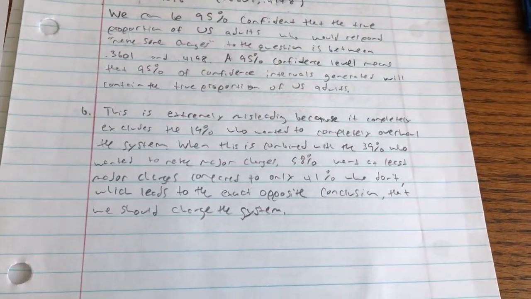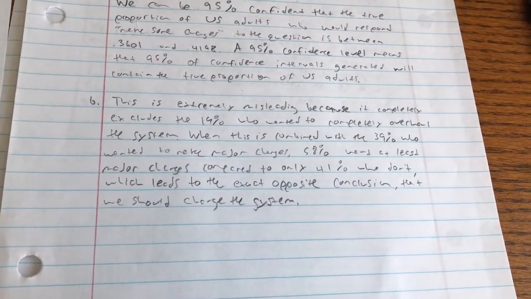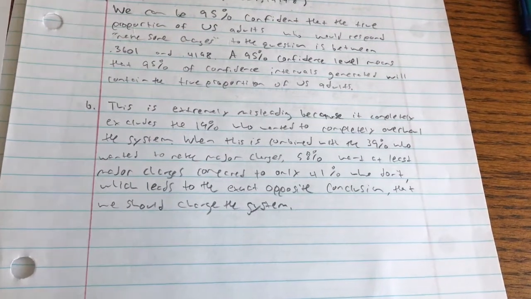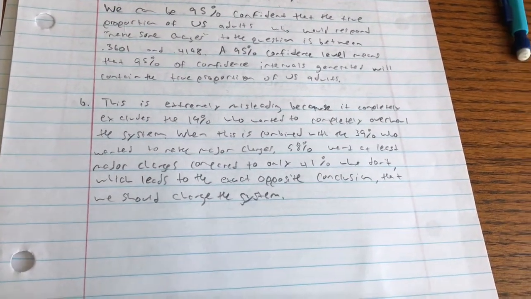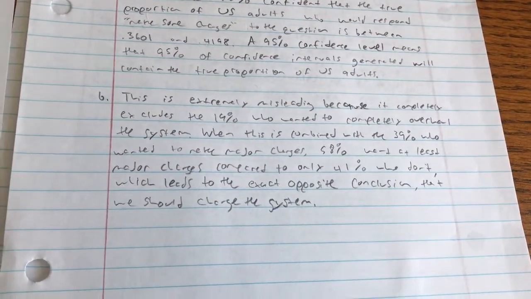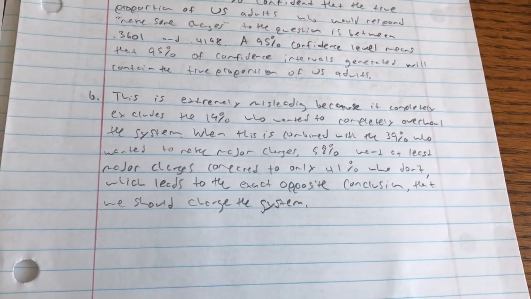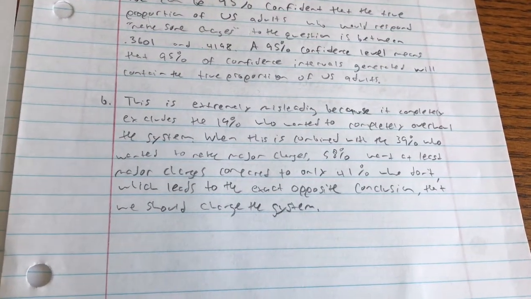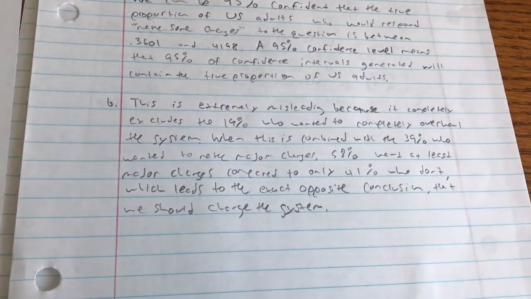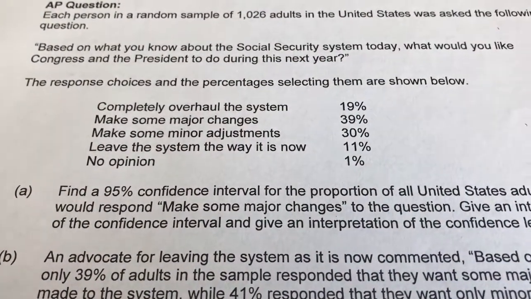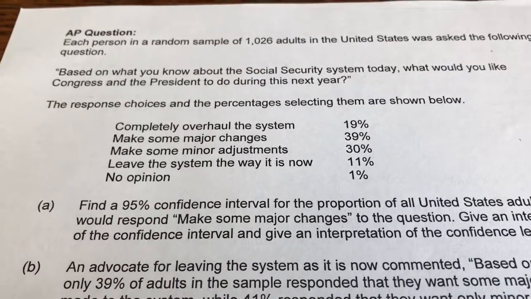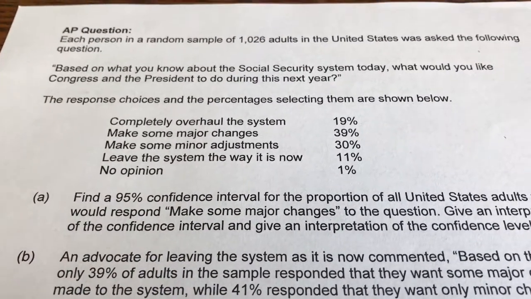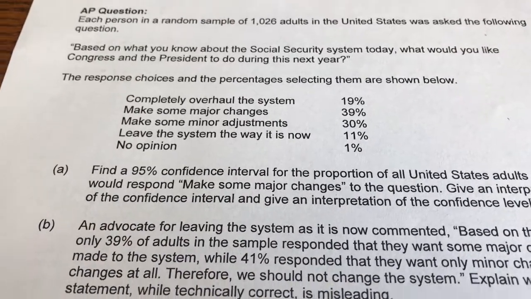Well, it's pretty obvious that it's misleading because it completely misses out on the 19% who want to completely overhaul the system, which when you combine that with the 39%, you get 58%, which compared to 41% shows that a lot more people want to change the system. They completely excluded that and just compared the minor adjustments and leaving the system to just the major changes instead of including overhauling as well.